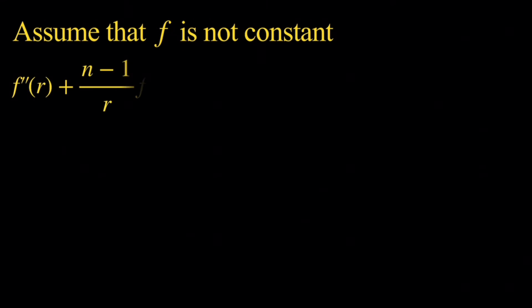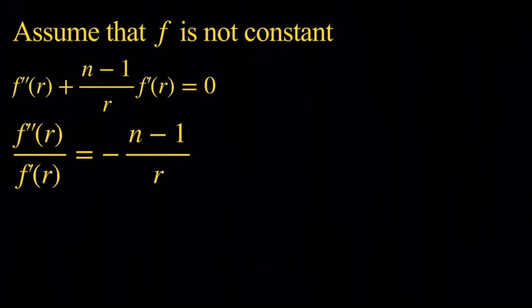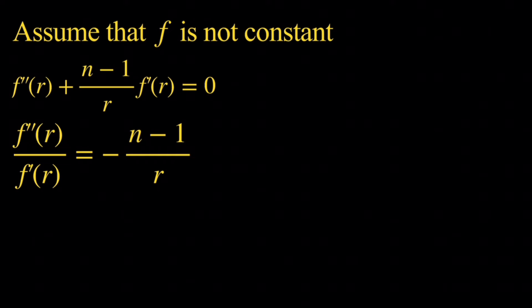Okay, to find all non-constant solutions, the first thing to do is to bring all the unknowns on one side and the independent variable on the other side. Okay, so that's what we're going to get. We're going to get f double prime of r over f prime of r equals negative n minus 1 over r. Then we integrate with respect to r.